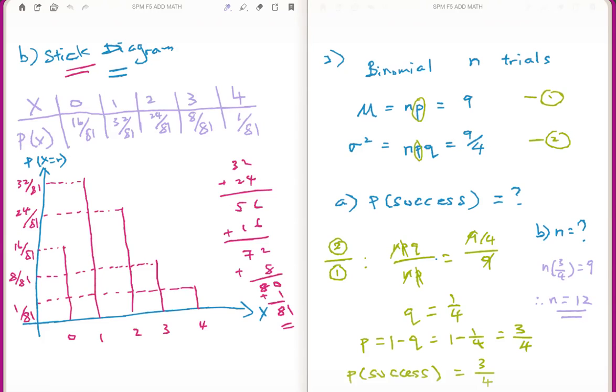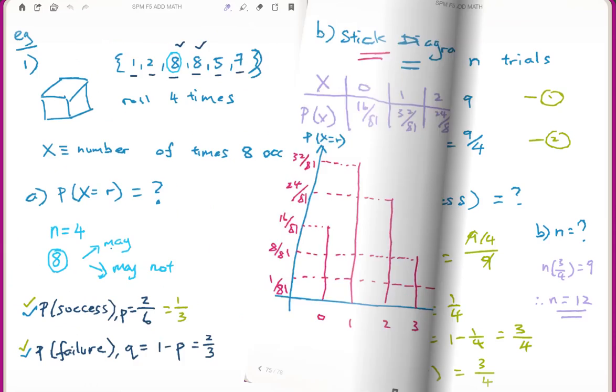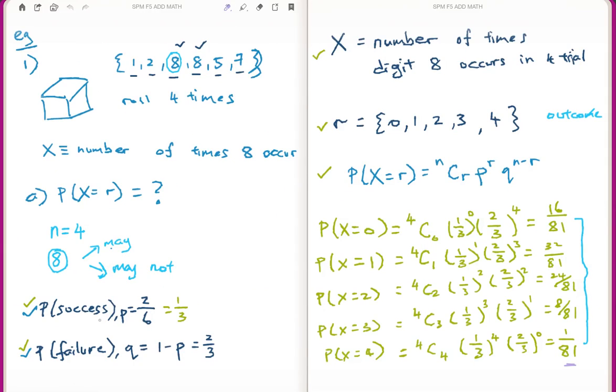The important thing for binomial is first of all to find out the probability of success and failure, and then identify what r is, and remember about the zero. It may not come out at all in the outcome. And do remember to define what capital X is in your working, because you will get some marks over here.